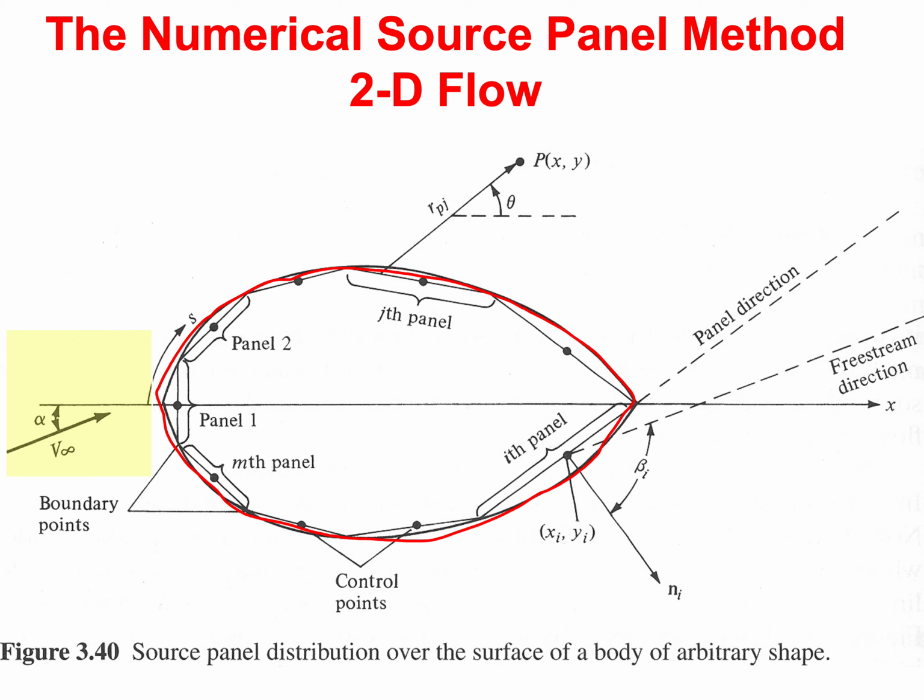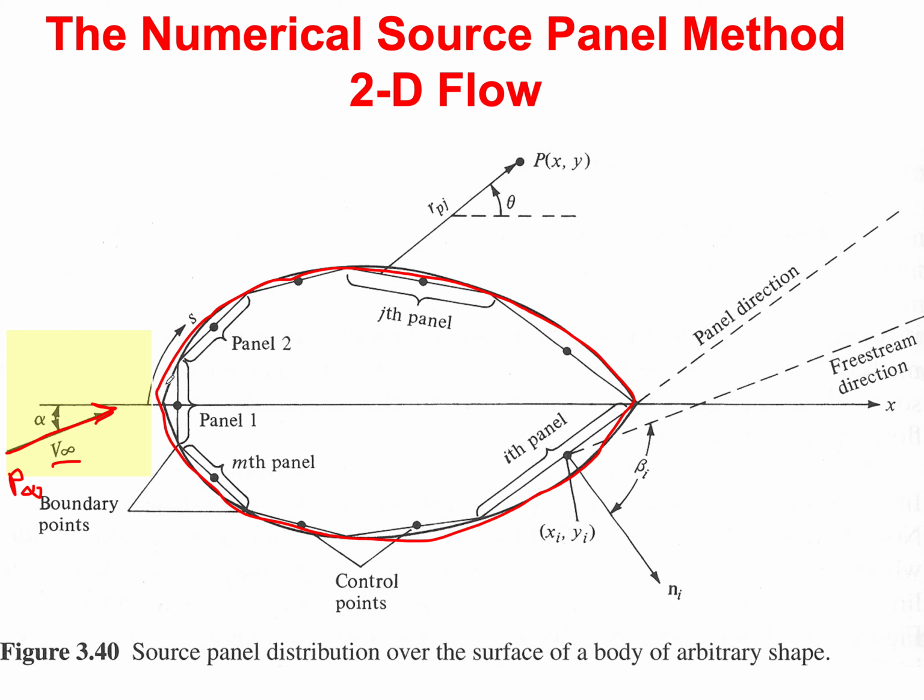That object is placed in a free stream of velocity v infinity, the velocity far away from the object, and the pressure far away is also p infinity. And we might have an angle between the chord line and the free stream velocity.